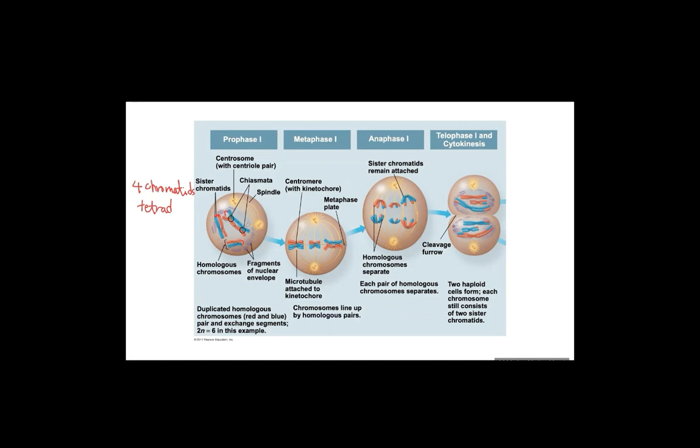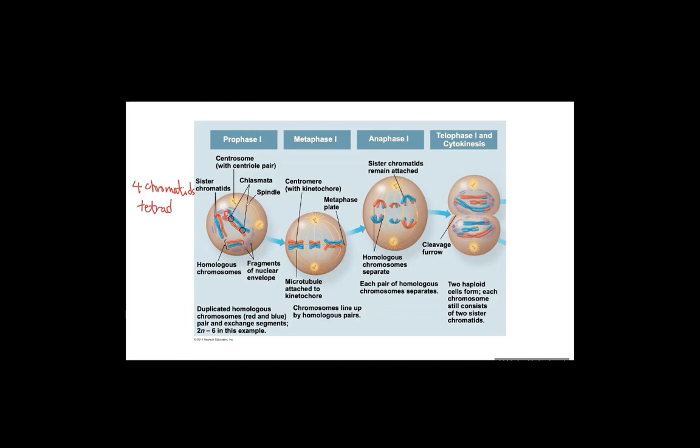When you look at this pair of homologous chromosomes, there is crossing over, an exchange of some portion of chromosome between a pair of homologous chromosomes. Once this part is exchanged, the red chromosome will carry a blue segment, and the blue chromosome will carry some portion of the red chromosome.